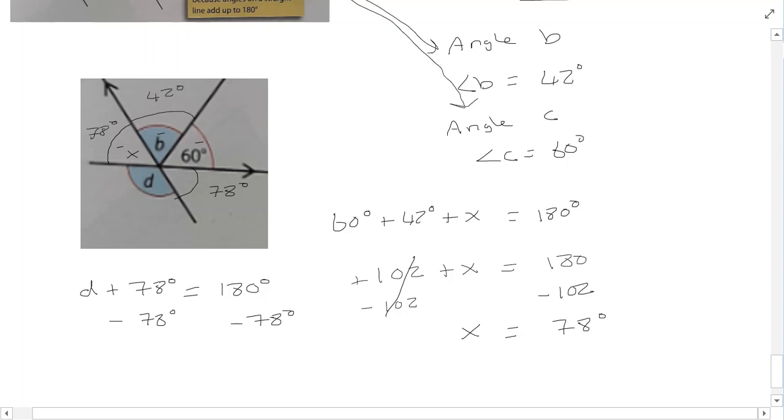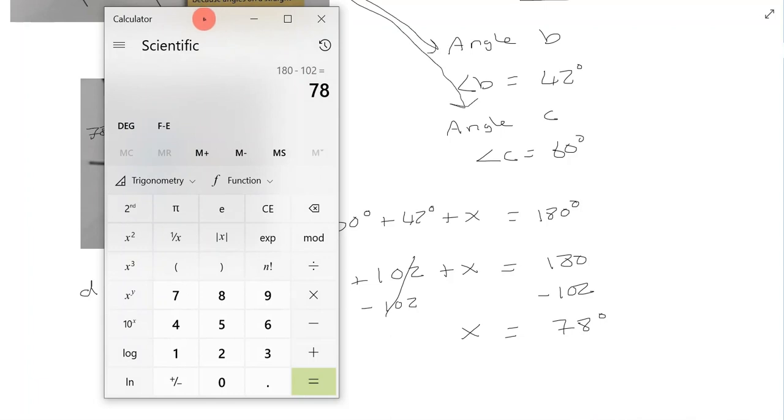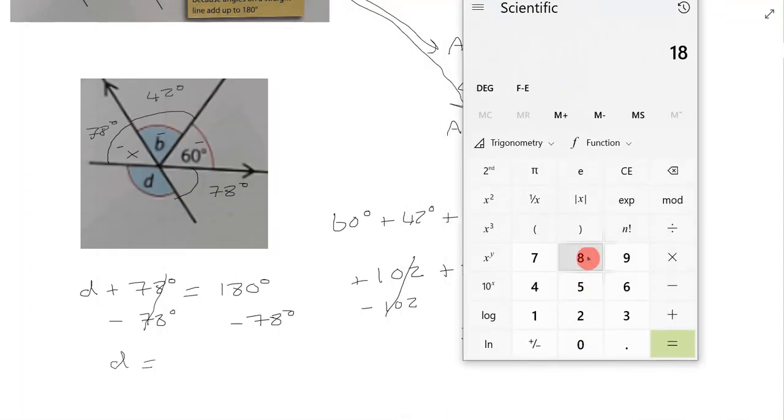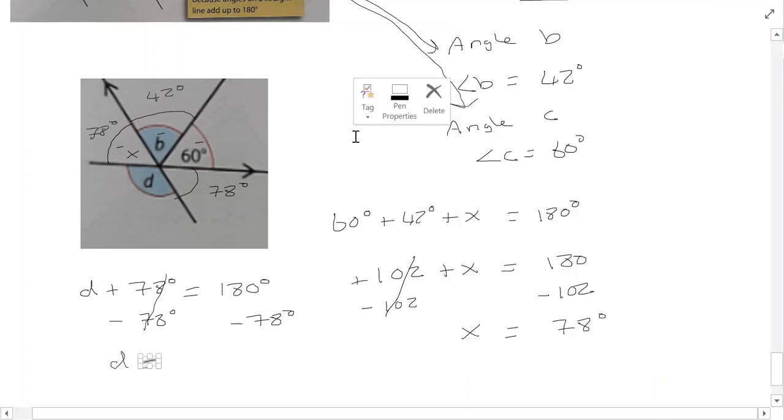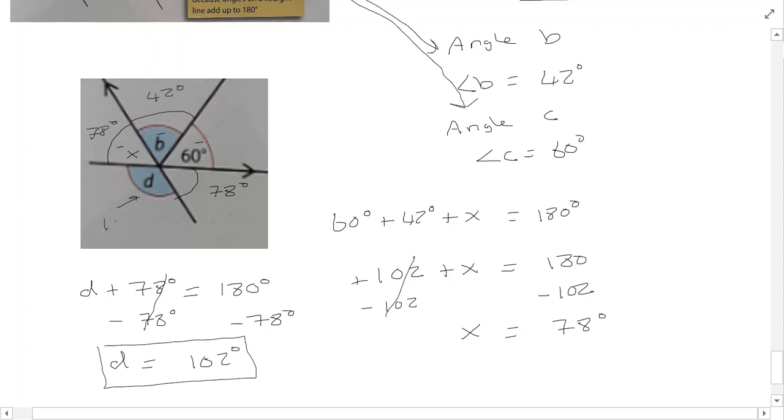So plus 78 minus 78 will cancel out, and D is going to be equal to 180 minus 78, which is equal to 102. So the angle D is equal to 102 degrees.